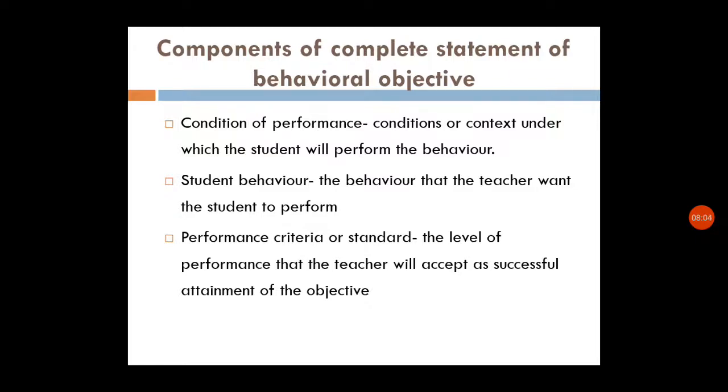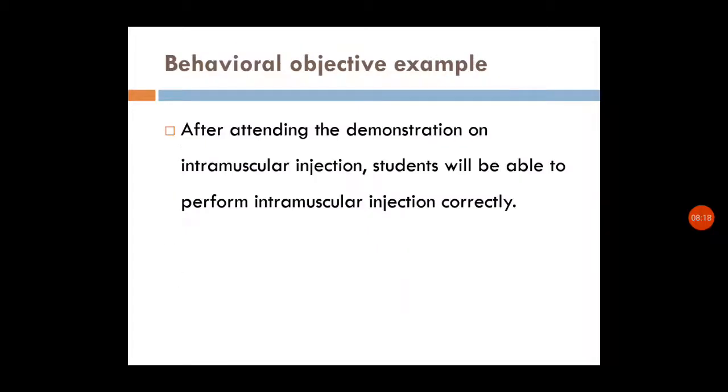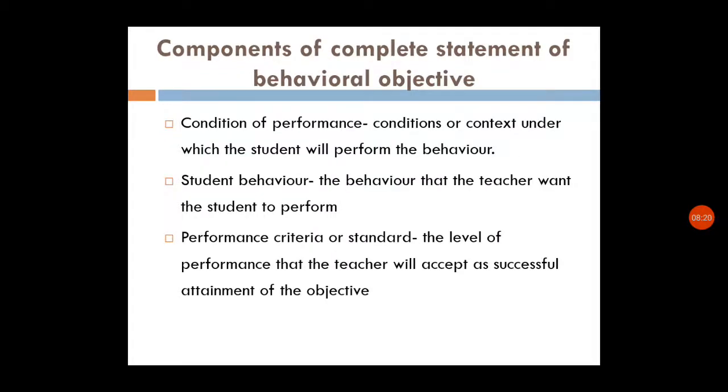When the teacher will accept the behavior, that is a standard. That is the third component of a statement of behavioral objective. So hope you are clear. That is condition of performance, student behavior, and second is performance criteria or standard.